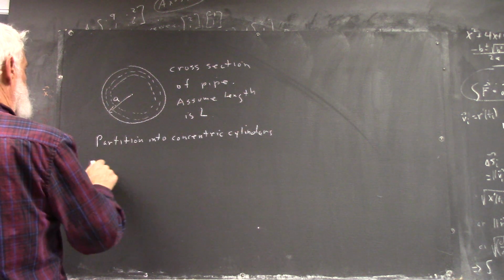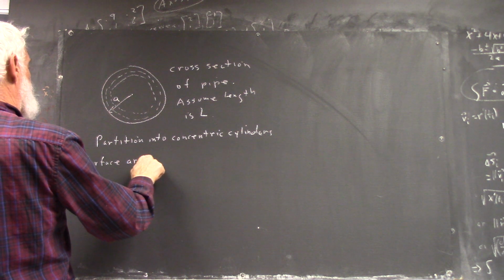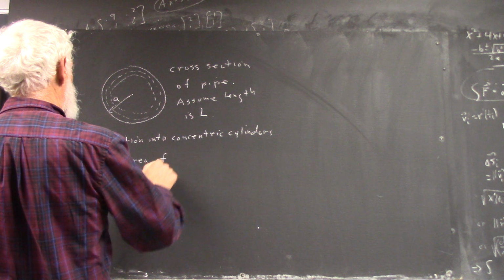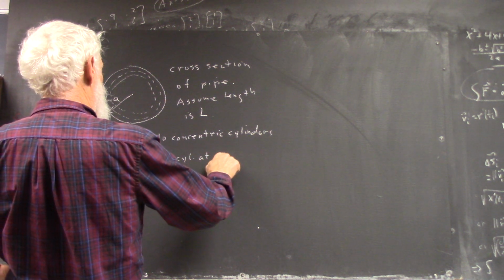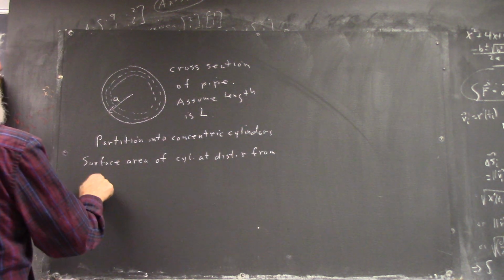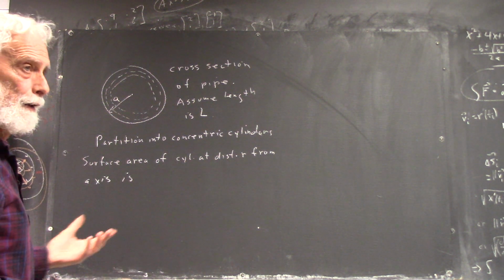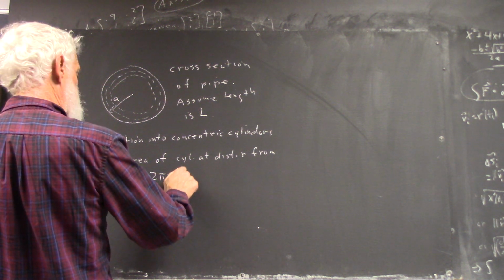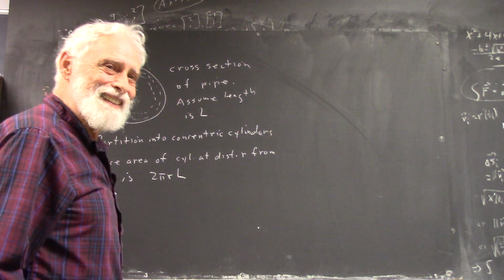So surface area of a cylinder, distance r from the axis, and you should be totally okay with this, is 2 pi r times L. 2 pi Earl. Okay?